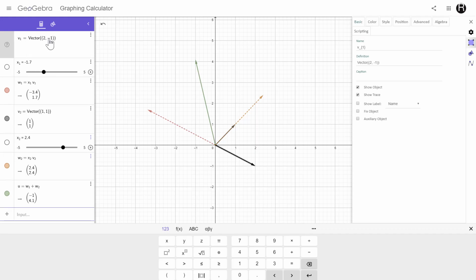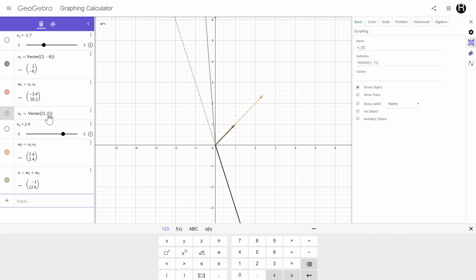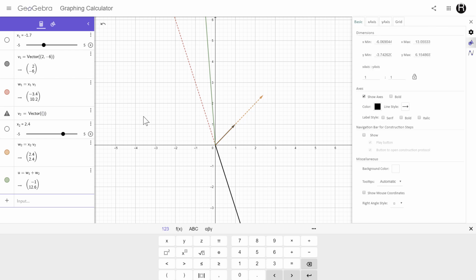So let's change this to 2, -6, and then let's change our second vector to -1, 3.